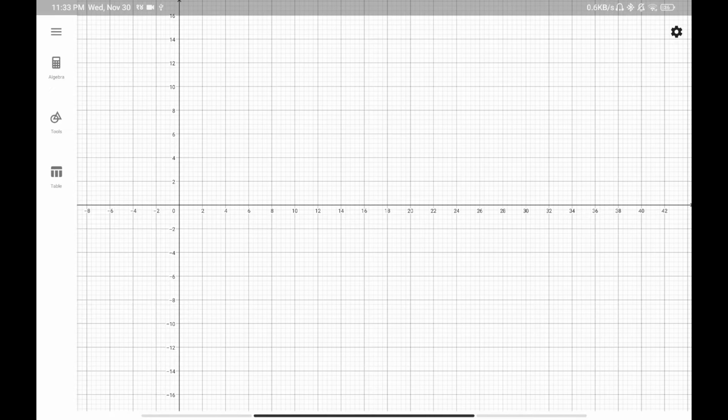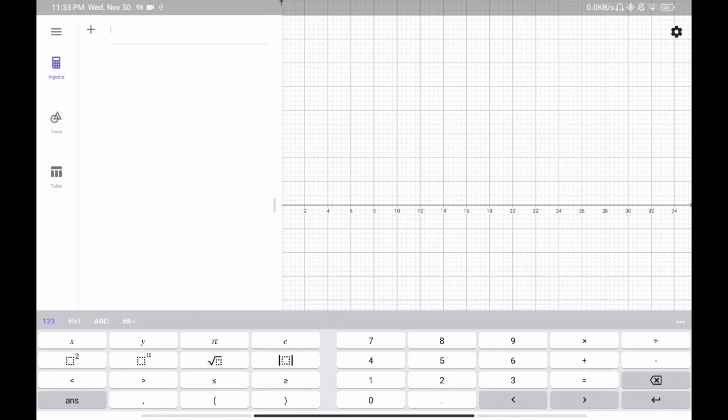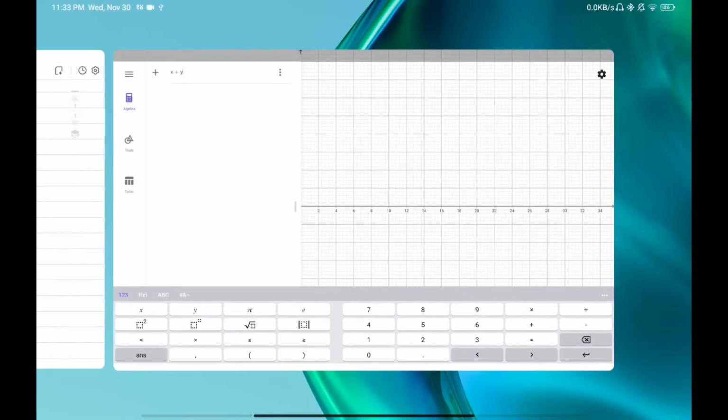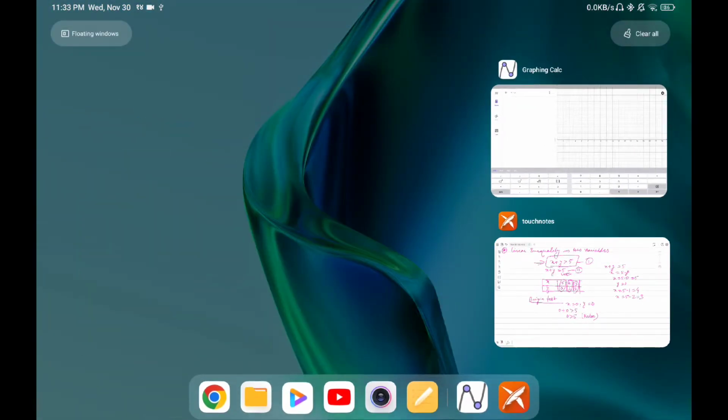Our inequality is x plus y greater than 5.